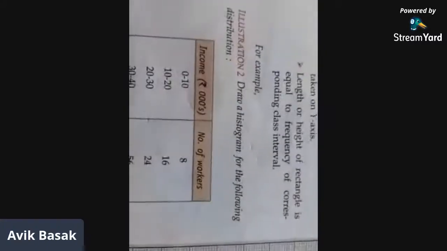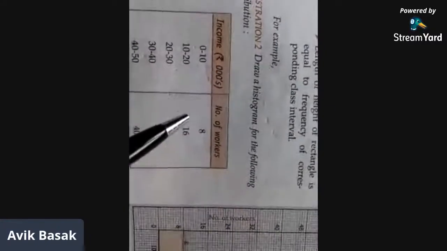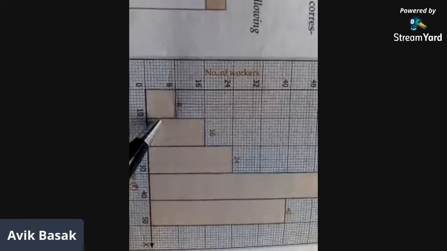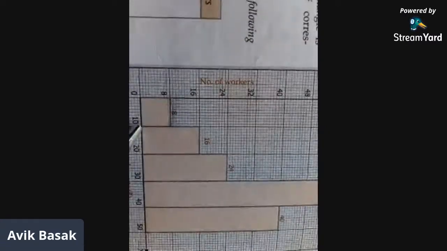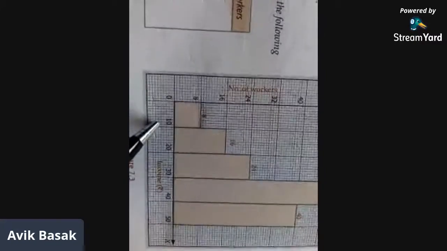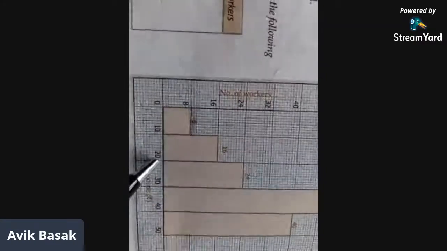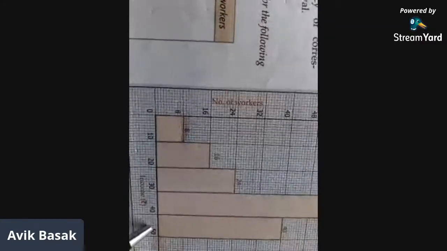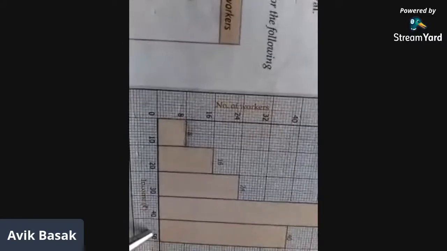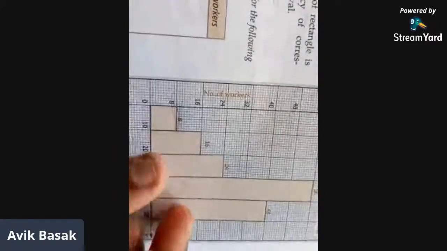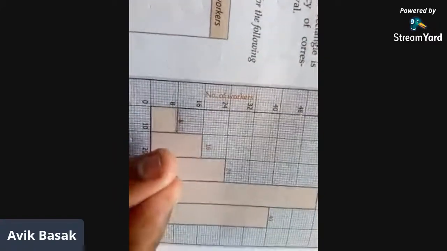Now 10 to 20, 16 workers. You have to stick the graph bar with the first one only, because you have taken 10 to 20, 20 to 30 on the x-axis. It is continuous, no? When it is continuous, all the bars of the histogram will be attached. All these bar pillars will be attached with each other.